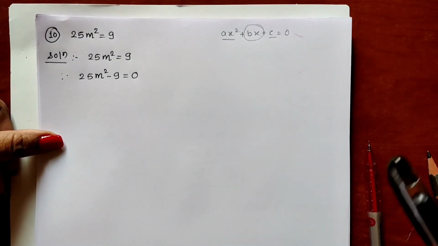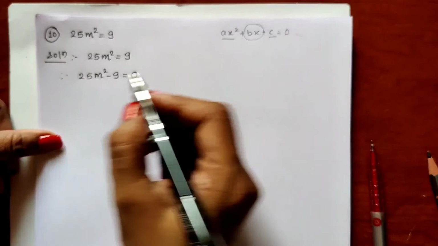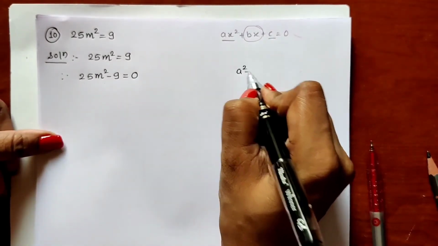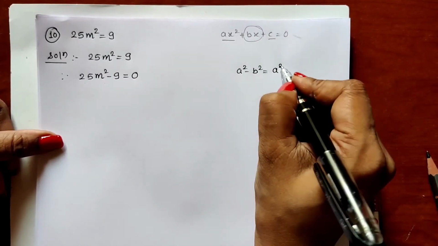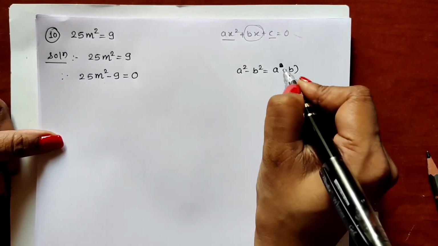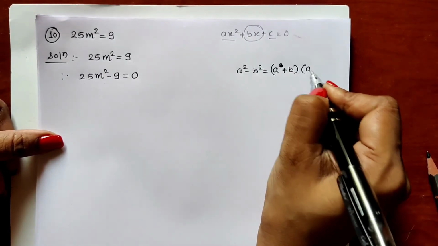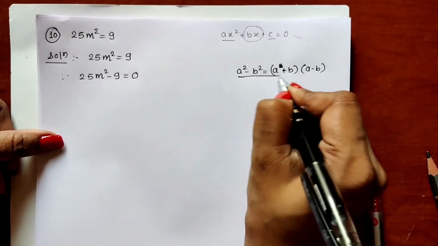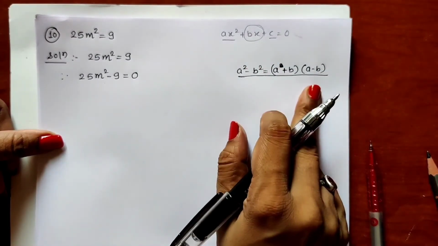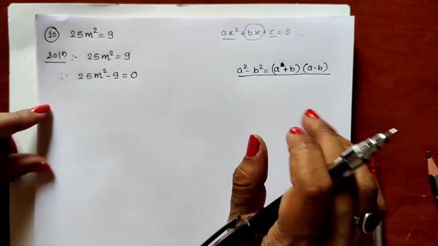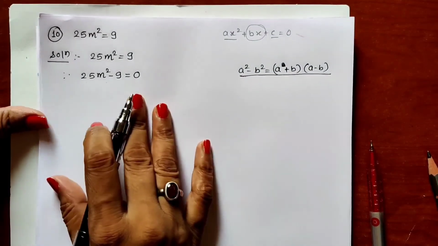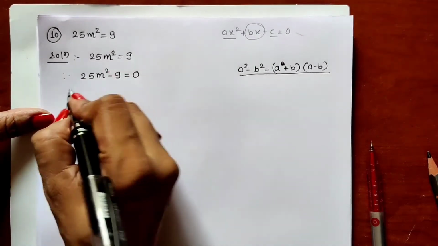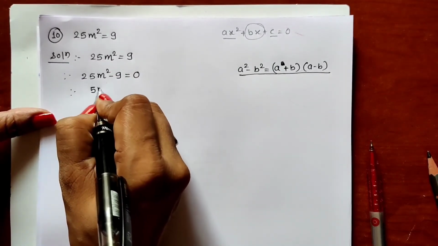Either you can use the formula method. Which formula can we use here? a square minus b square is equal to a plus b in the first bracket and a minus b in the second bracket. Either we can apply this formula method, or the other method is also there that I will show you afterwards. So 25m square, 25 is a perfect square, 25 is the square of 5.